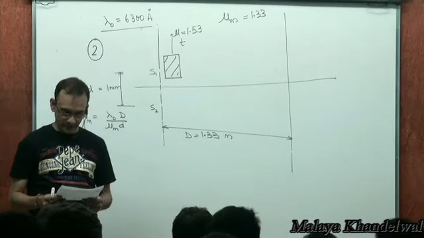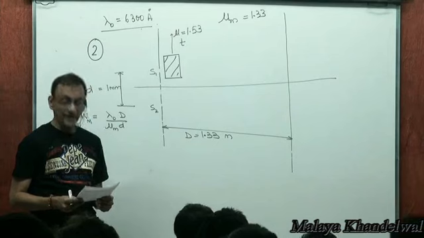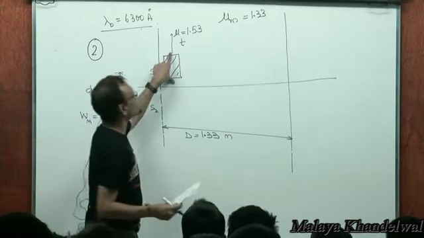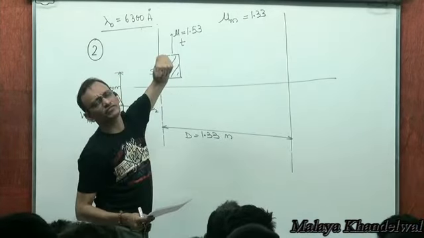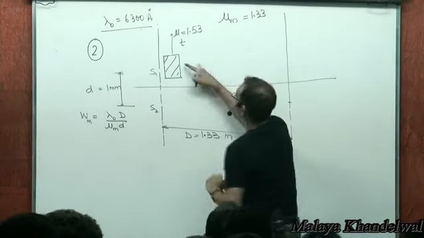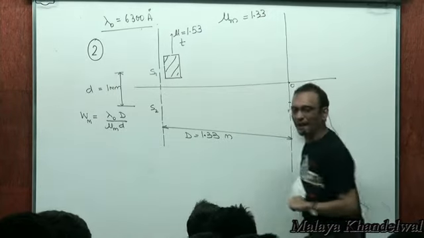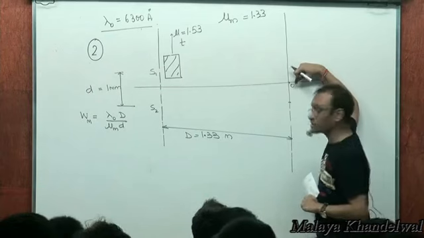Now, what is the objective? We want to find the smallest thickness of the sheet to bring the adjacent minimum on the axis. What does this do? This would move the entire fringe pattern upwards. In absence of this plate, this was the central maximum.